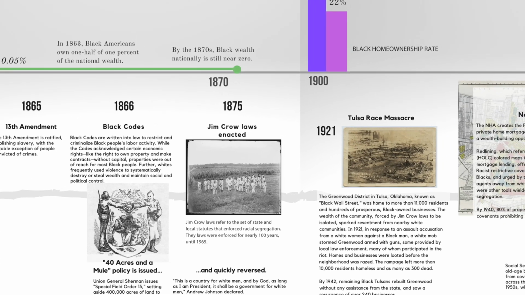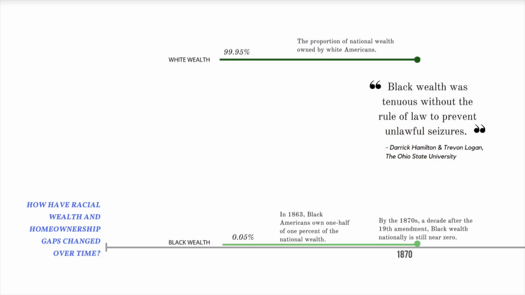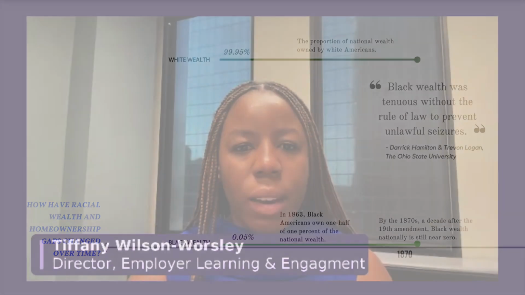By the 1870s, a decade after the 13th Amendment, Black wealth nationally was near zero. 99.95% of the nation's wealth was owned by white Americans, and 0.05% of the nation's wealth owned by Black Americans.